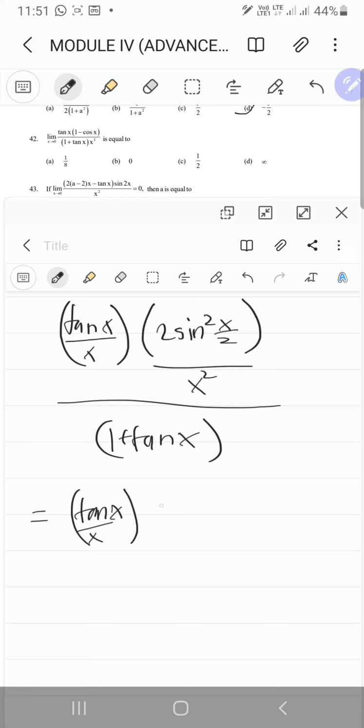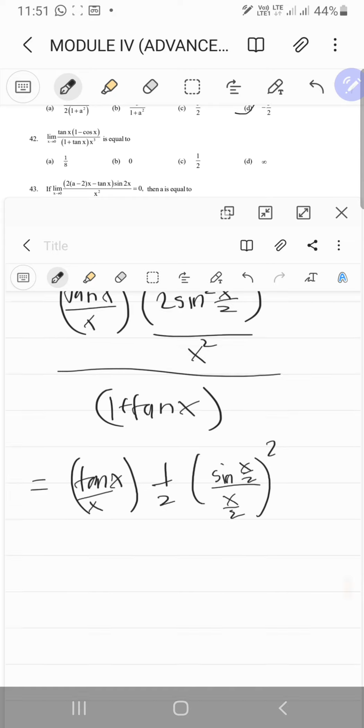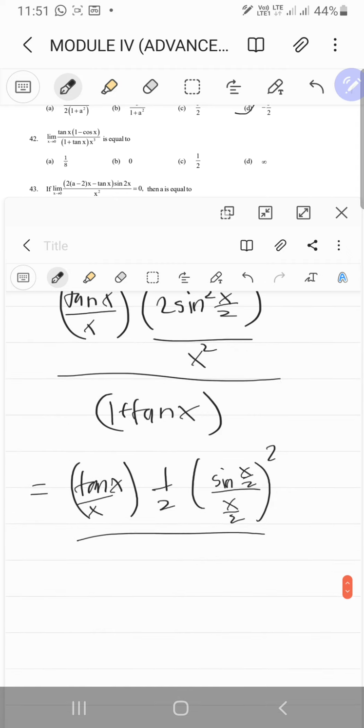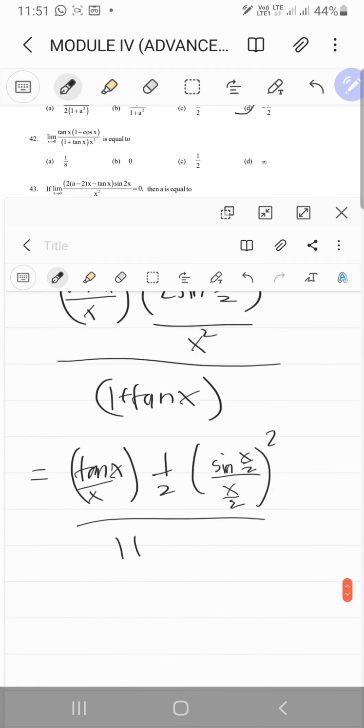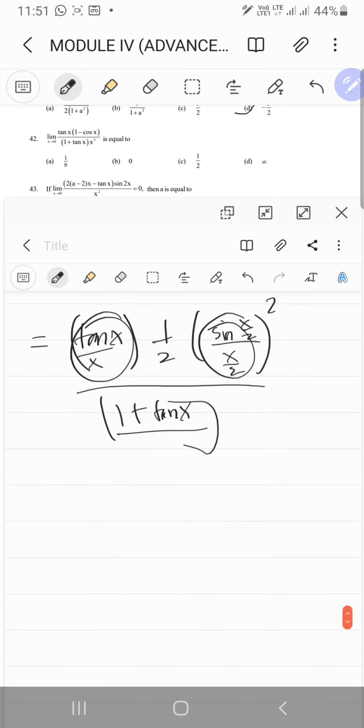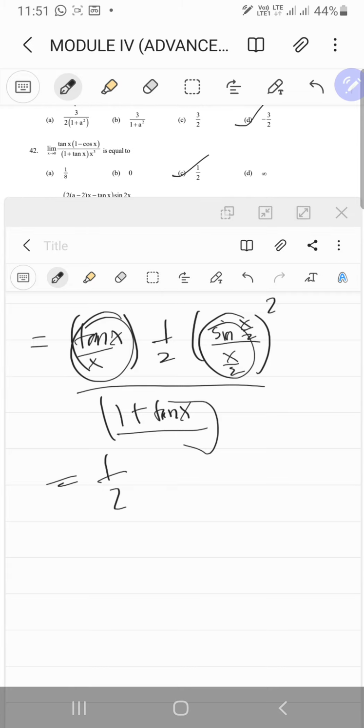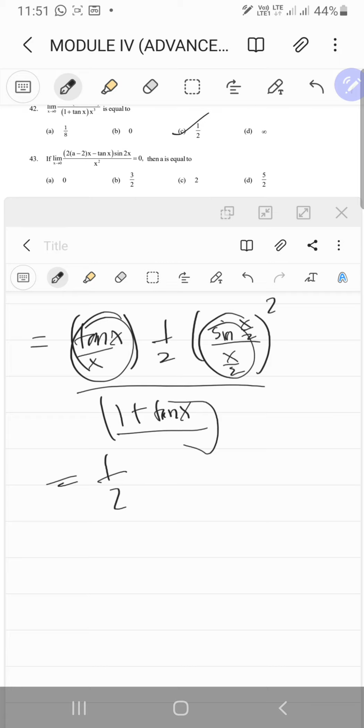This should be 1 by 2 into sine x by 2 upon x by 2 squared. Yeah, that looks correct, upon 1 plus tan x. Now this thing approaches 1, this thing also approaches 1, and this thing also approaches 1, so this should just be 1 by 2. Or it could be that it does not exist. No, it can't be like that. These are all continuous functions.